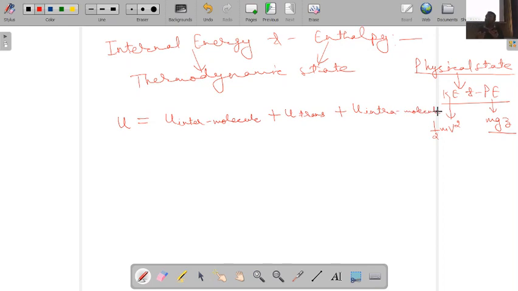U intermolecule represents the interactions between the molecules. U translation is related to the translational kinetic energies of the molecules, and U intramolecule is related to what movements there are within a molecule, and what energies these movements constitute.